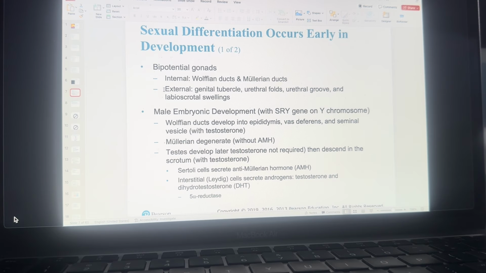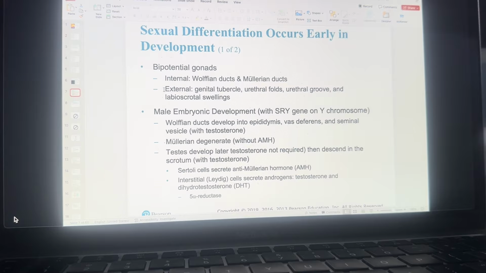So the bipotential gonads in a fetus before it reaches sexual determination include the internal structures, which are the Wolffian ducts or Mullerian ducts, okay? The external genitalia include the genital tubercle, the urethral fold, urethral groove, or the labial scrotal swellings.